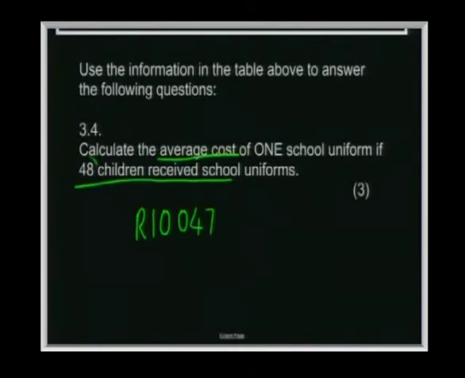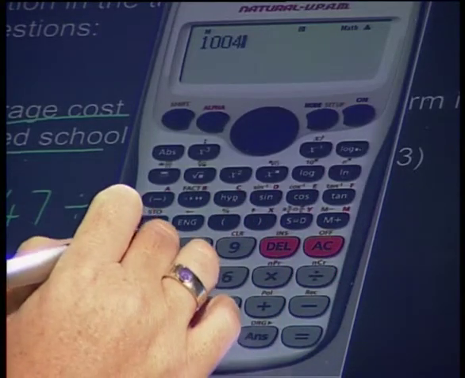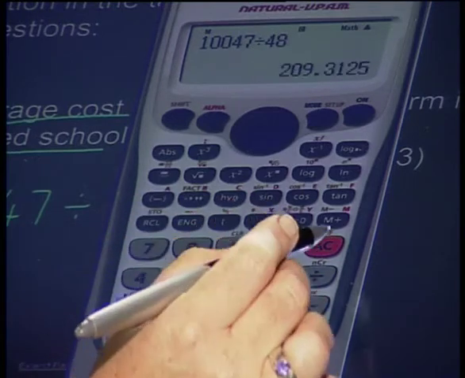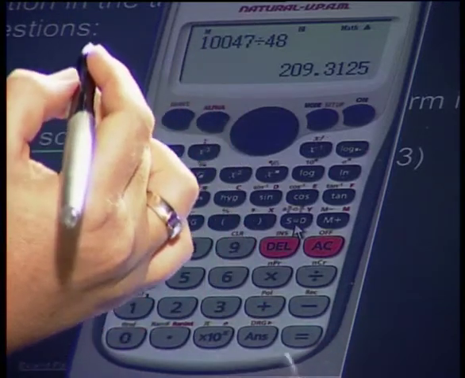And they told us that 48 children got school uniforms. So therefore we need to share this between 48. And if we're using our calculators again, it's 10047 divided by 48. And that means it's going to be 209 Rand and 31 cents.